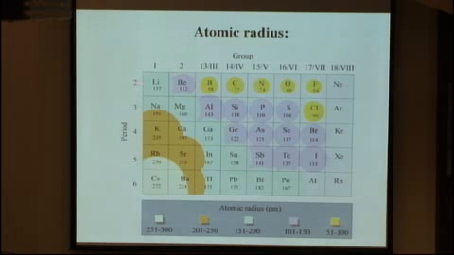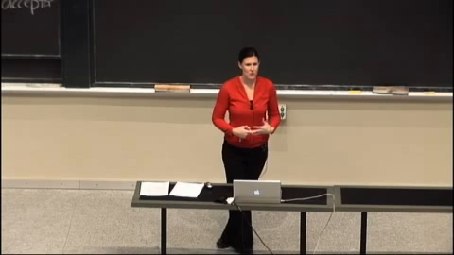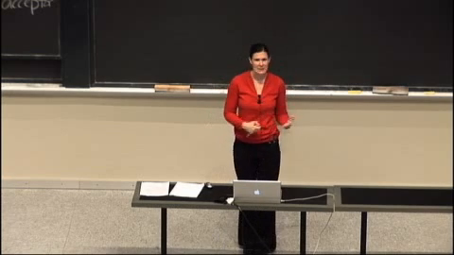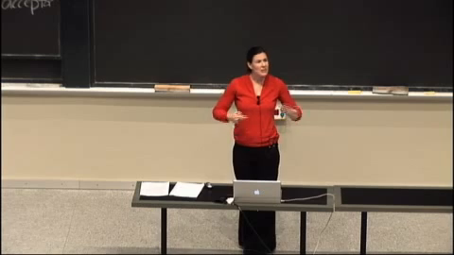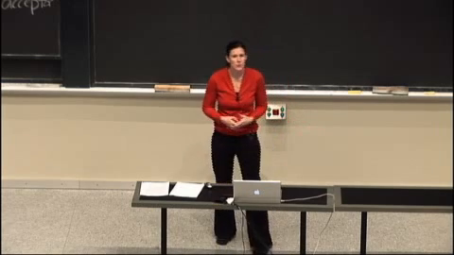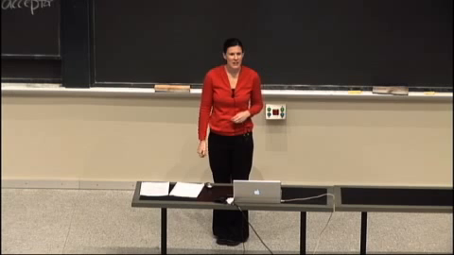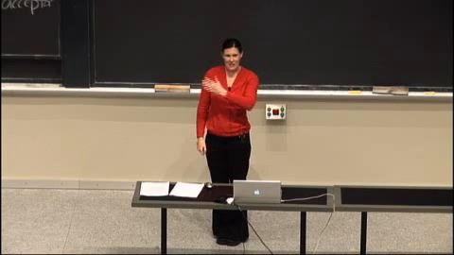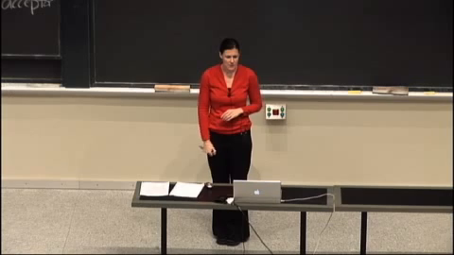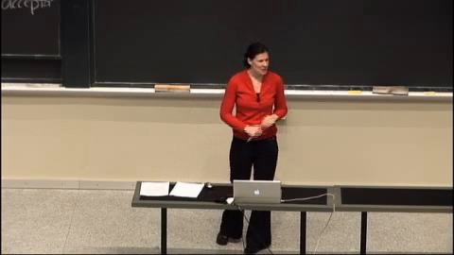Whereas if we go across a row, the atomic radius is decreasing. So again, this is one of the more straightforward trends. You just need to remember what's happening to Z effective, which really tells us what's happening with all the trends. Once you know Z effective, you can figure out what direction the atomic radius should be going. So that's it for periodic trends.